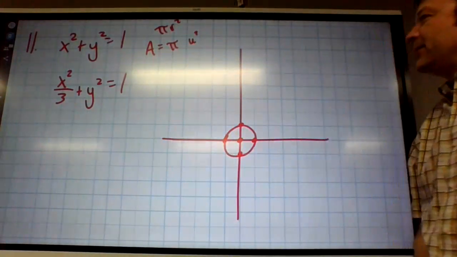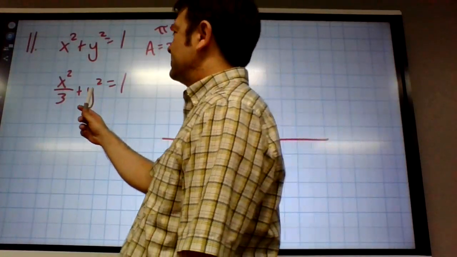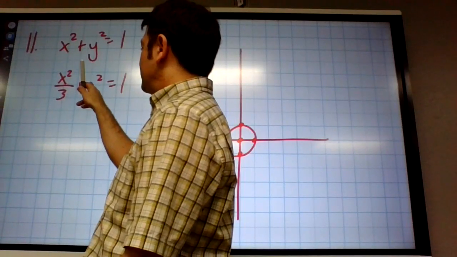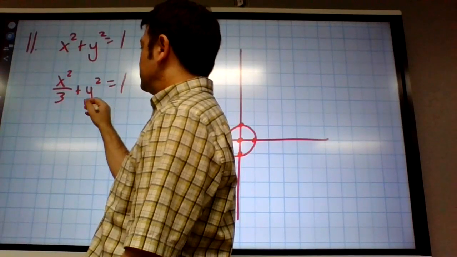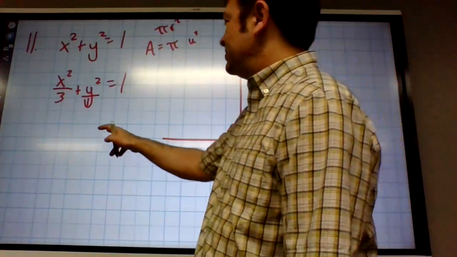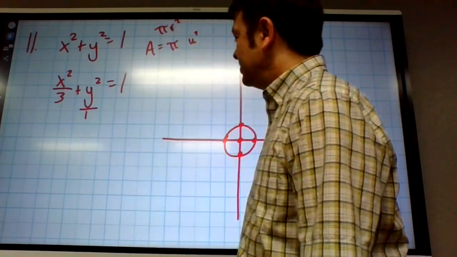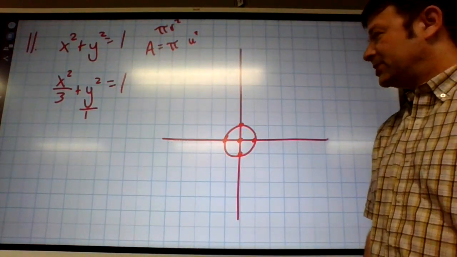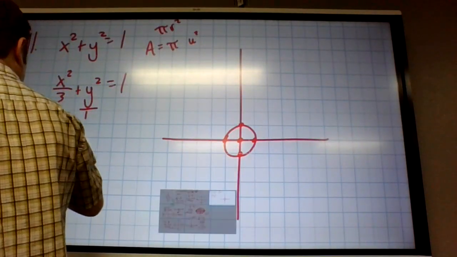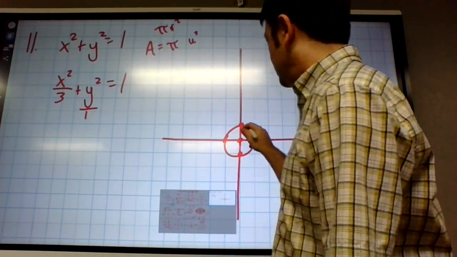Okay. Now, how are we going to graph the ellipse? Well, y squared doesn't have a denominator, so what's the denominator on the y squared? 1. So that means the y values, I'm going to change this color to blue, it's going to hit the y-axis at the square root of 1, which is still 1.